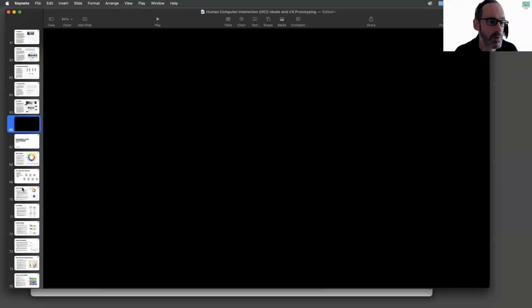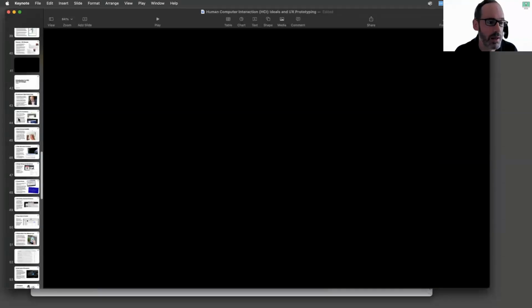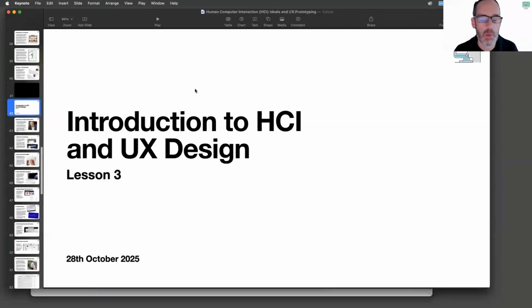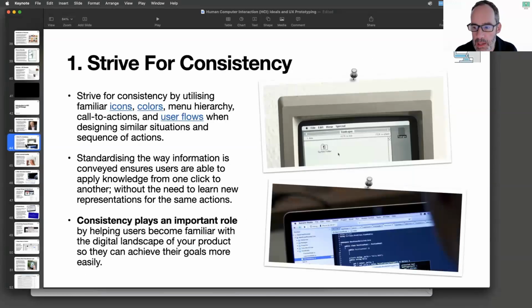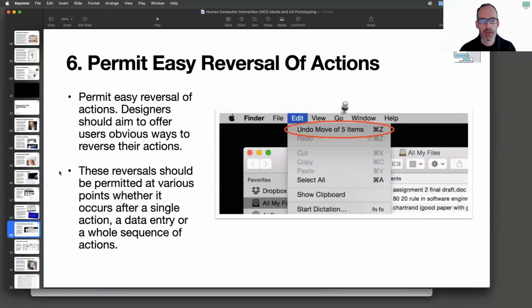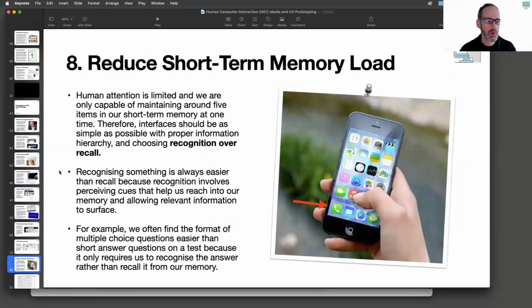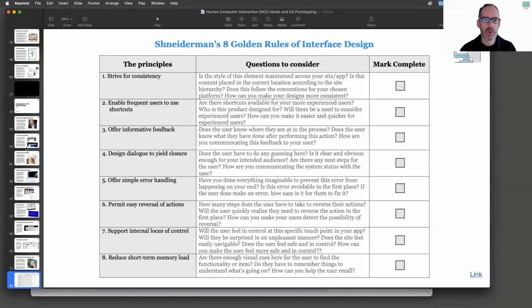Let's do a quick recap of the last day, and stop me if you have any questions. Now I can see everything on one screen. We did a quick overview of these 8 golden rules. I will let you click through these yourselves: feedback, dialogues. If you had to summarize these rules, how would you summarize them?